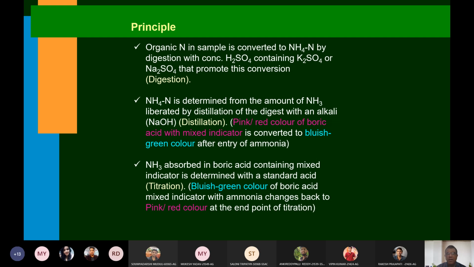But when the ammonia is absorbed into it, it converts to a bluish green color. Then you have ammonia in the boric acid, which is bluish green, and you go for titration with 0.1 normal sulfuric acid or 0.5, whatever you take, and then you get back the pink color. This is how the colors change during distillation and titration.